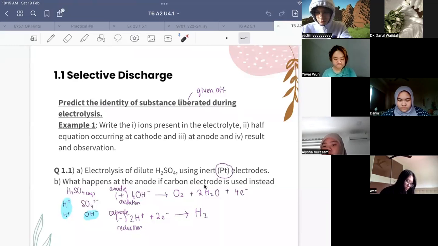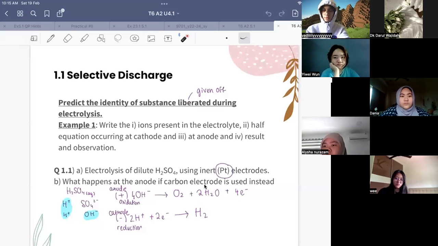The second factor is the concentration, so you have to look out for the term molten state or concentrated. And the last one is the nature of the electrode. Usually a non-inert or reactive electrode, such as reactive metals, will actually affect the selection process, okay?